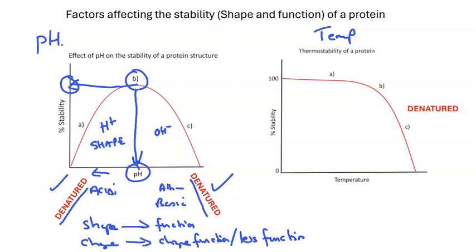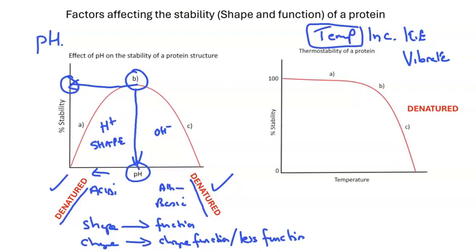This graph here is the effect of temperature. So as we increase the temperature, we increase the kinetic energy of the parts of the protein molecule. They vibrate more.